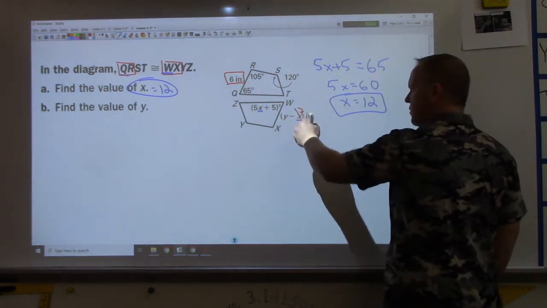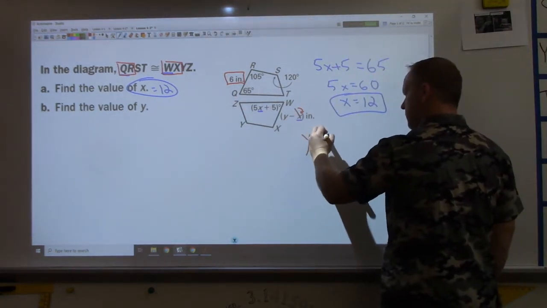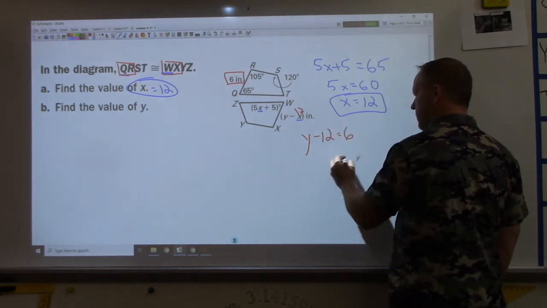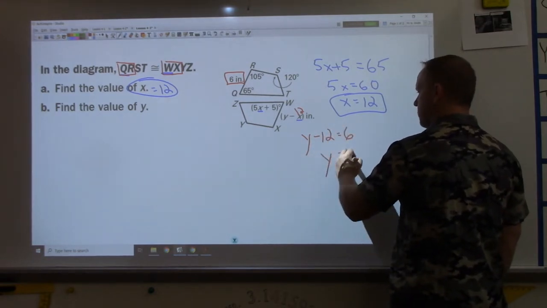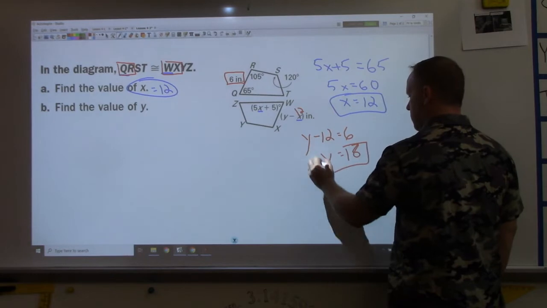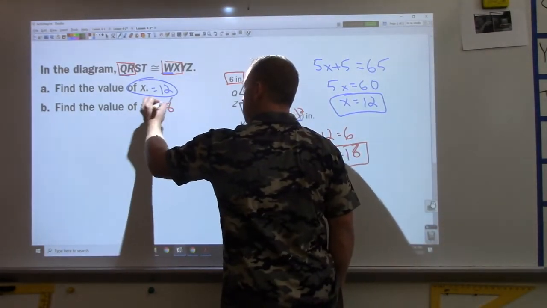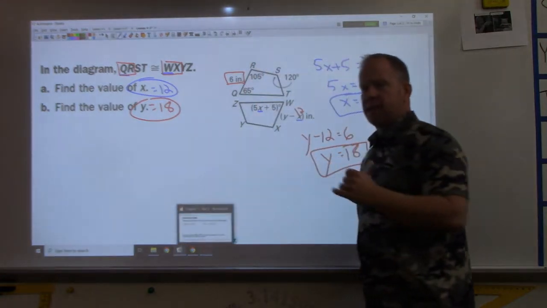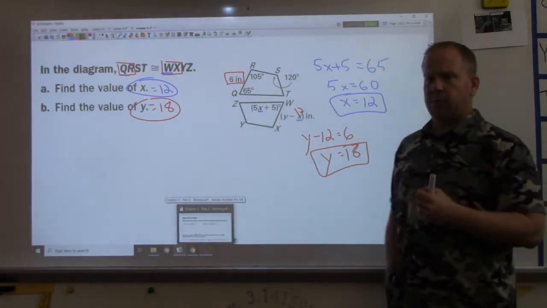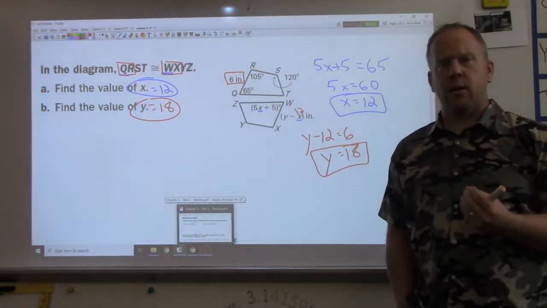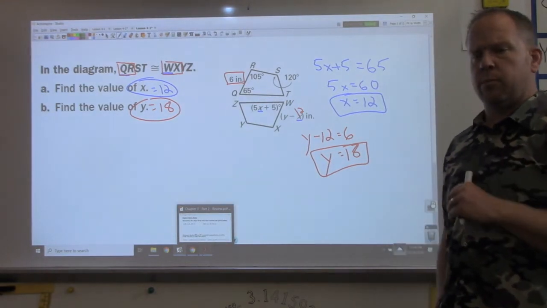So y minus 12 equals 6. Solve for y. Y equals 18. Again, very important that this is why the naming of the shapes is important. The first one doesn't matter. The second one has to be in the corresponding congruent parts.